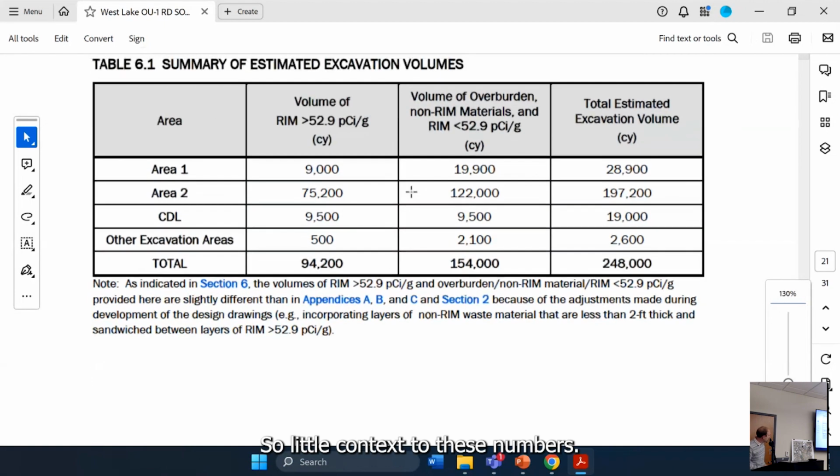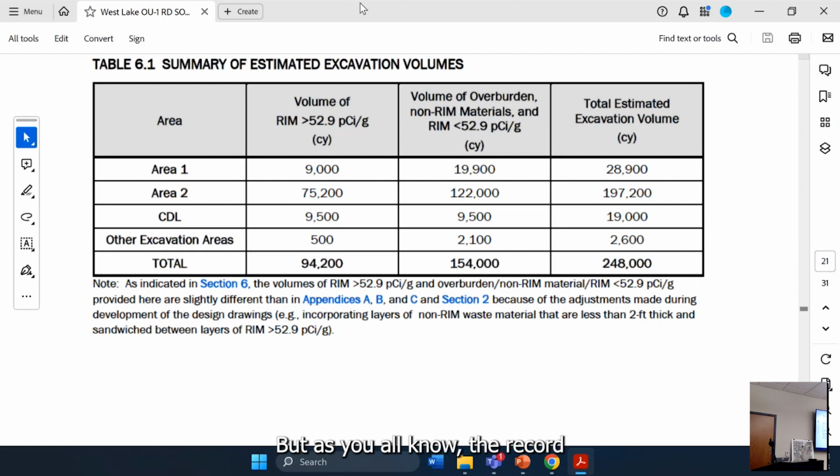Okay, so a little context to these numbers. We did include an estimated volume in the record of decision amendment. If I recall correctly, the amount of RIM was somewhere around 77,000 cubic yards. That was based on the data we had and the modeling of how much RIM was present from 0 to 12 feet.